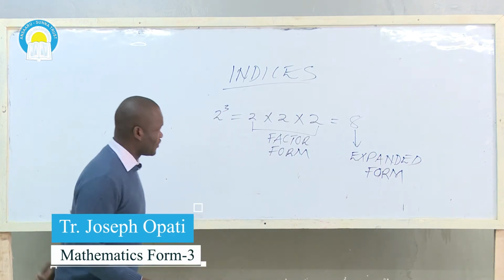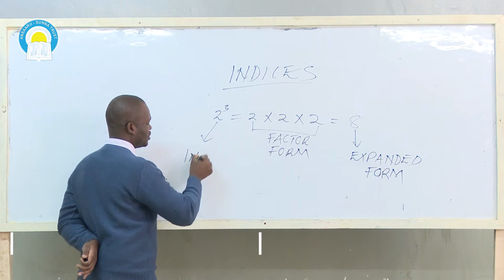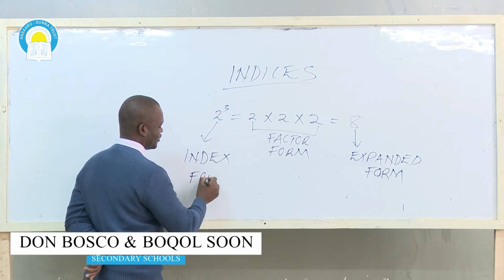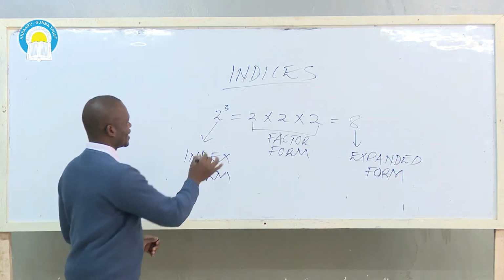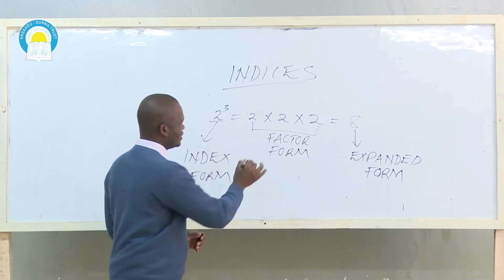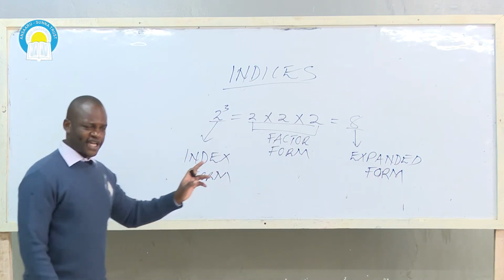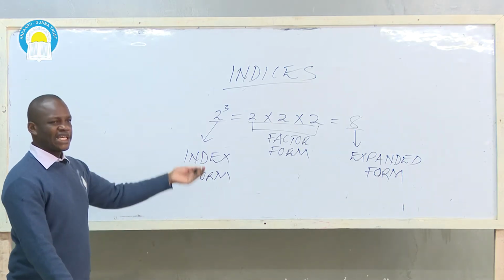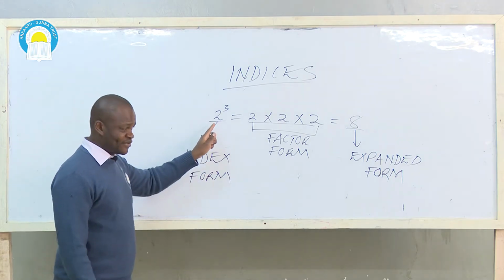Now, what about 2 power 3? 2 power 3 now has assumed what we call index form. So in terms of values, whatever I have here, whatever I have there, and whatever I have there have the same value. But now they have assumed different forms.